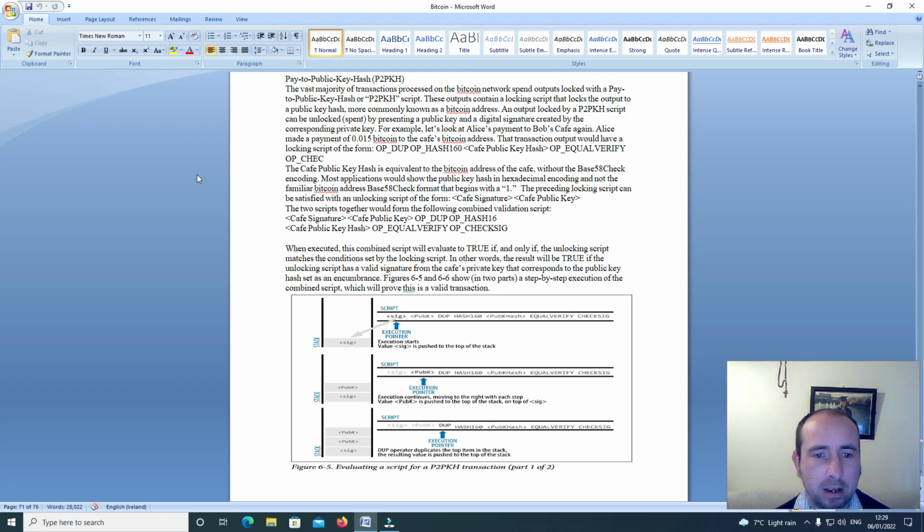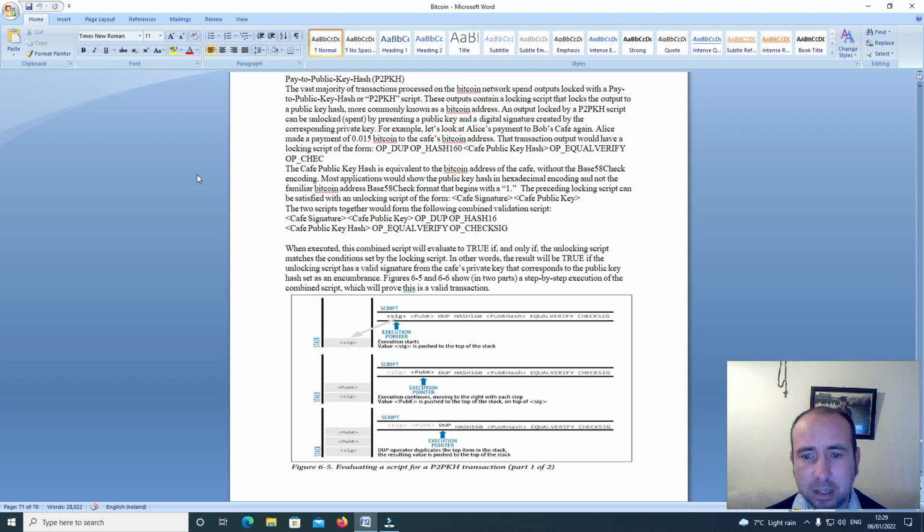The cafe public key hash is equivalent to the Bitcoin address of the cafe without the Base58Check encoding. Most applications would show the public key hash in hexadecimal encoding and not the familiar Bitcoin address Base58Check format that begins with a 1.